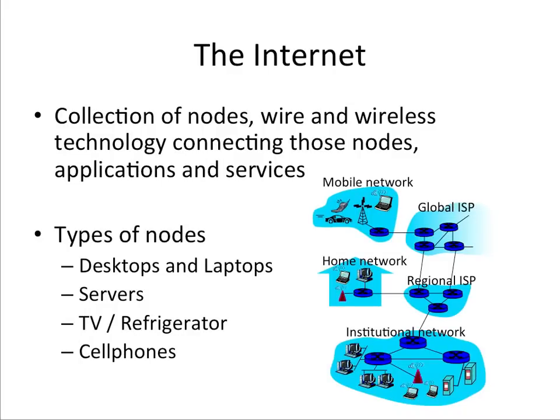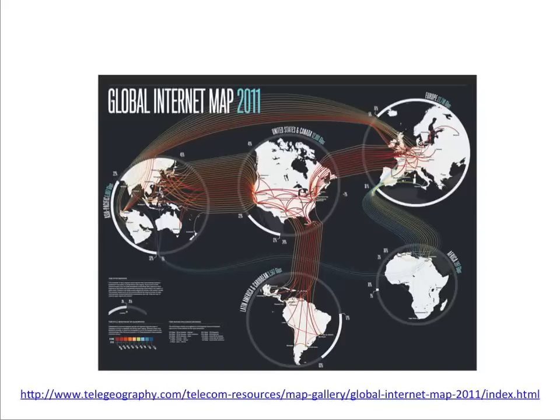As we said last time, the internet consists of nodes of various kinds and various technologies that connect them: wired, wireless, right? This is what the global map looks like. It almost looks like there are all these lines connecting various parts of the world. If we were to come up with an abstract representation of the internet, it seems like we'll have some lines or edges, and some vertices as well, right?